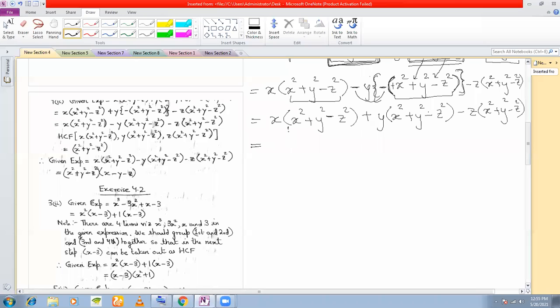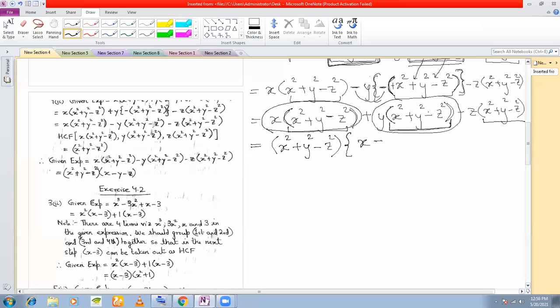So now I can take out this factor. So (x square plus y square minus z square) to the power of 1 I take out. And if I take out this, what am I left with? From this entire expression, I'm taking out this, so I'm only left with x. Again, from this entire expression, I'm taking out this, so I'm left with only plus y.